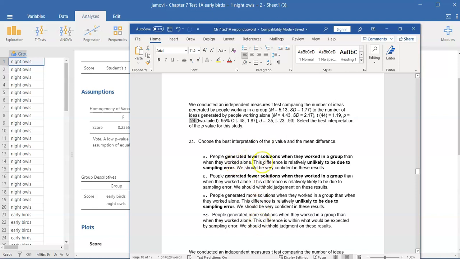It says people generated fewer solutions when they worked in a group. That's not true. It also said that it's unlikely that that difference is due to sampling error. Well, the p-value is too large to make that statement. The second one says that people generated fewer when they worked in a group. We said that's not true. And the third one, again, says that the p-value suggests it's unlikely to be sampling error, and that's not true.